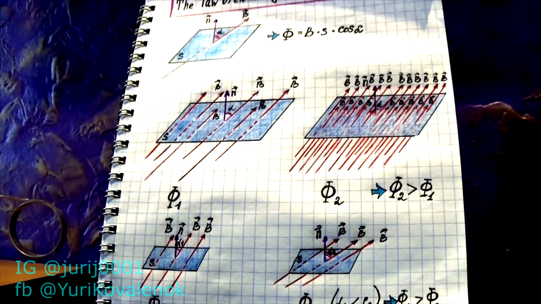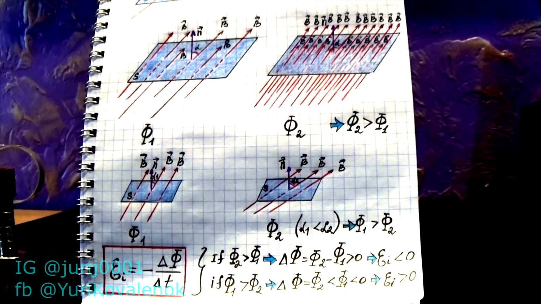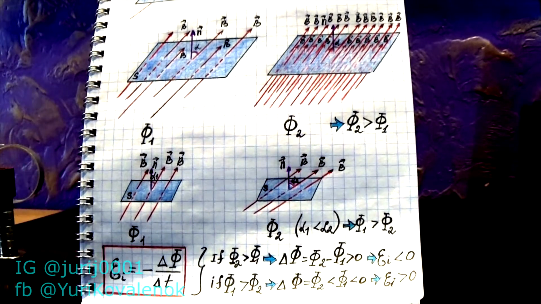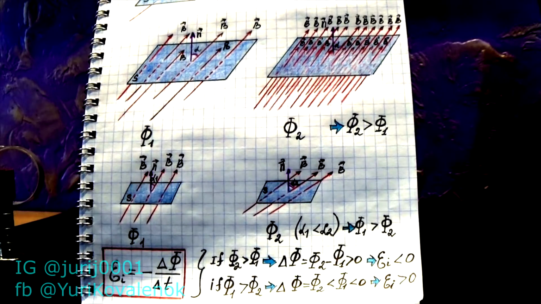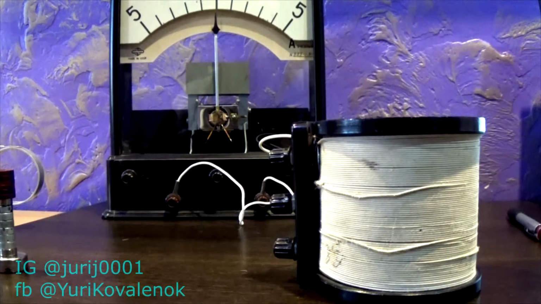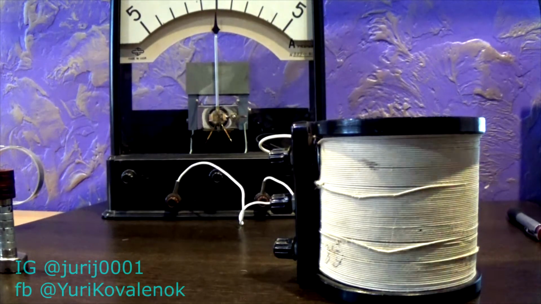If the number of magnetic field lines per unit area changes, or the angle changes over time, then the magnetic flux also changes. Faraday established that an EMF occurs in a conducting circuit when the magnetic flux changes. The faster the magnetic flux changes, the more EMF occurs, and this is confirmed experimentally.